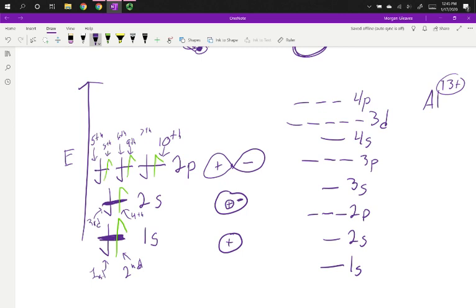You would just fill them in from the bottom. So if I need to go to aluminum with no charge, I need 13 electrons. So that would be 1, 2, 3, 4, 5, 6, 7, 8, 9, 10, 11, 12, 13. What we would find is that the last electron is sitting in a 3p orbital on its own.